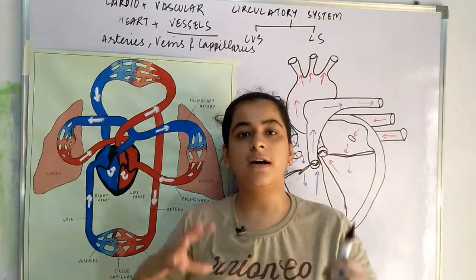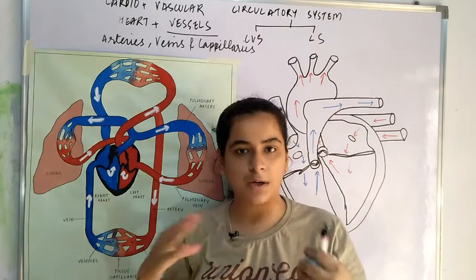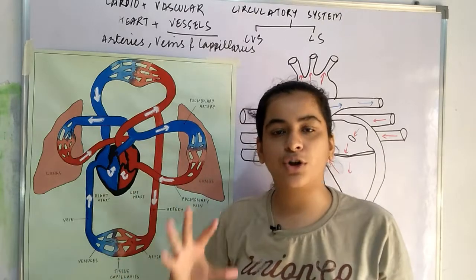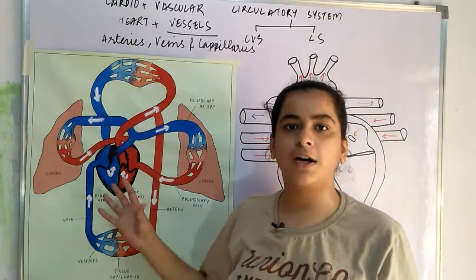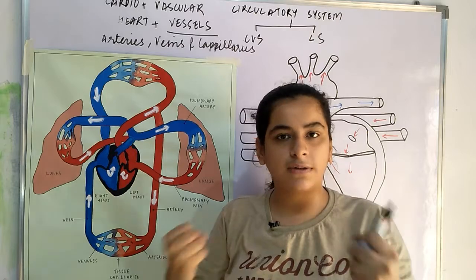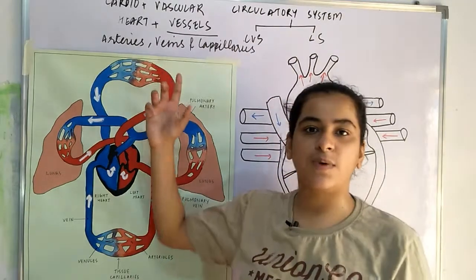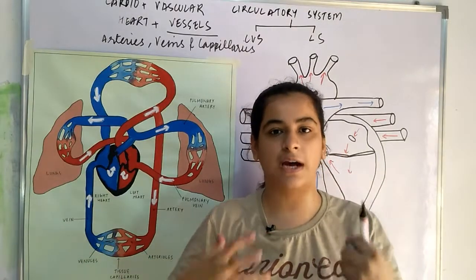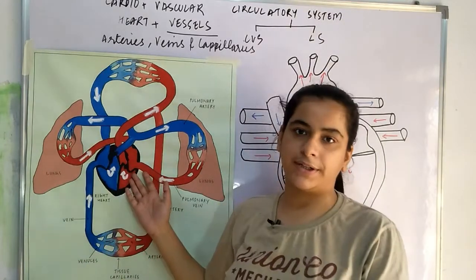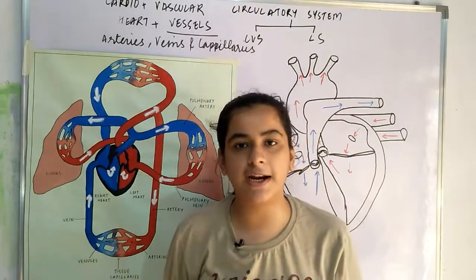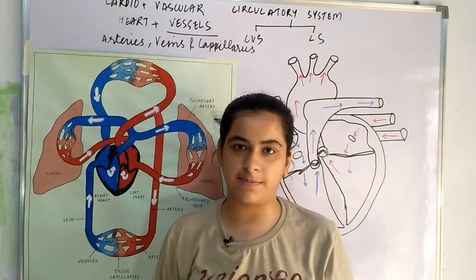Arteries are the blood vessels found in the human body which take the pure or the oxygenated blood from the heart to all the body parts to grab the nutrients, to grab the oxygen. But veins are the blood vessels which take the deoxygenated blood from the body to the human heart. The difference is arteries carries the oxygenated blood and veins carries the deoxygenated blood.